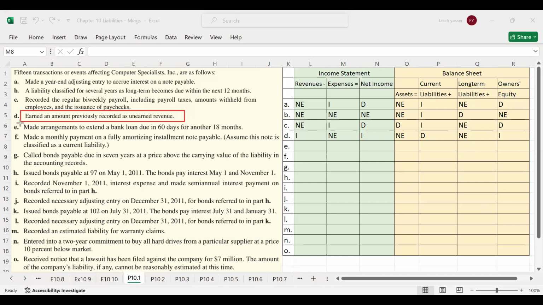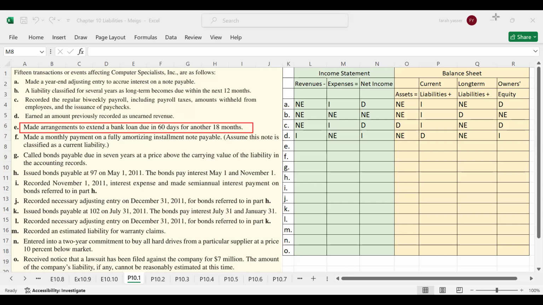In the next transaction, the company made arrangements to extend a bank loan which is due in 30 days for another 18 months. So this 30 days bank loan due means this is a current liability, but the company made an arrangement to convert this current liability into long term liability.